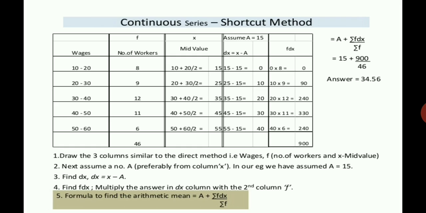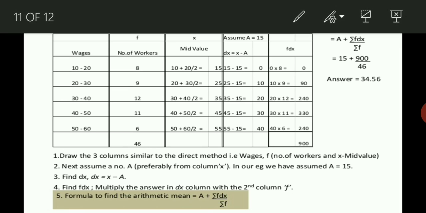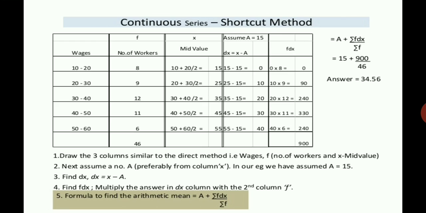Here we have to take the assumed mean. For example, in this example we have taken the assumed mean as 15, as you can see given in the slide, and the assumed mean is subtracted from x, that is the mid value, and then dx is there, and then dx is multiplied by f, it becomes f dx.